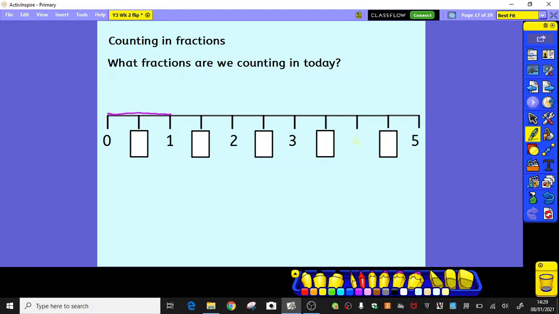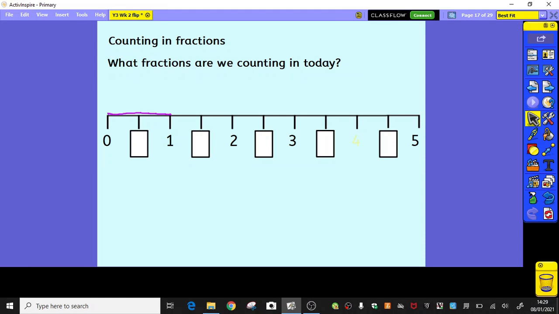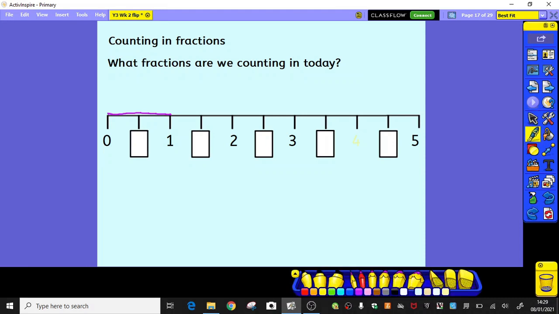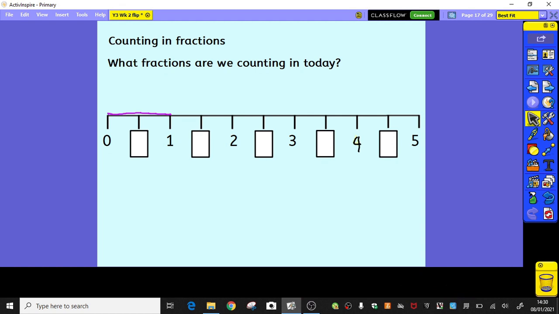Count with me and make sure that you join in and say the missing numbers on my number line. And for some reason 4 has disappeared, so I'll just write that one in again. It is there underneath. Okay, so counting in halves. 0, 1, 2, 3, 4, 5.